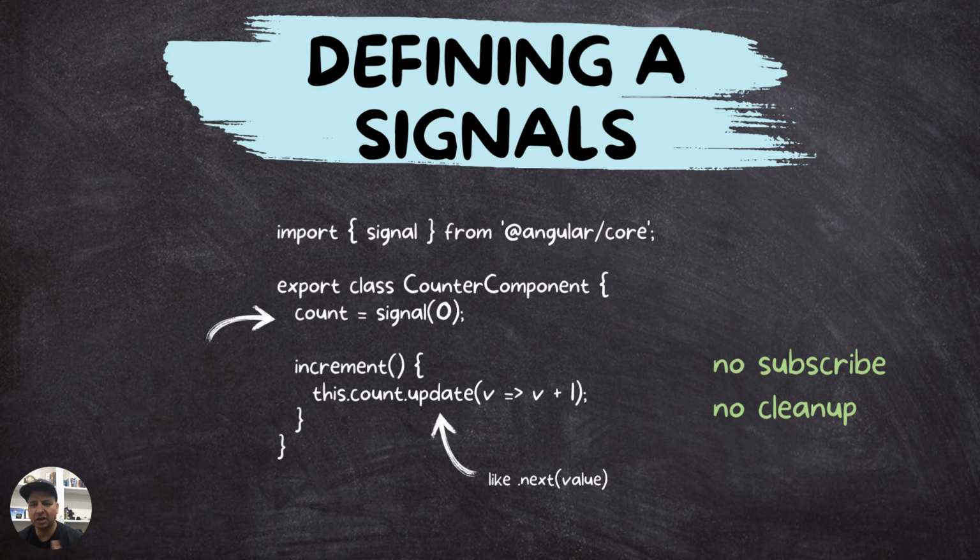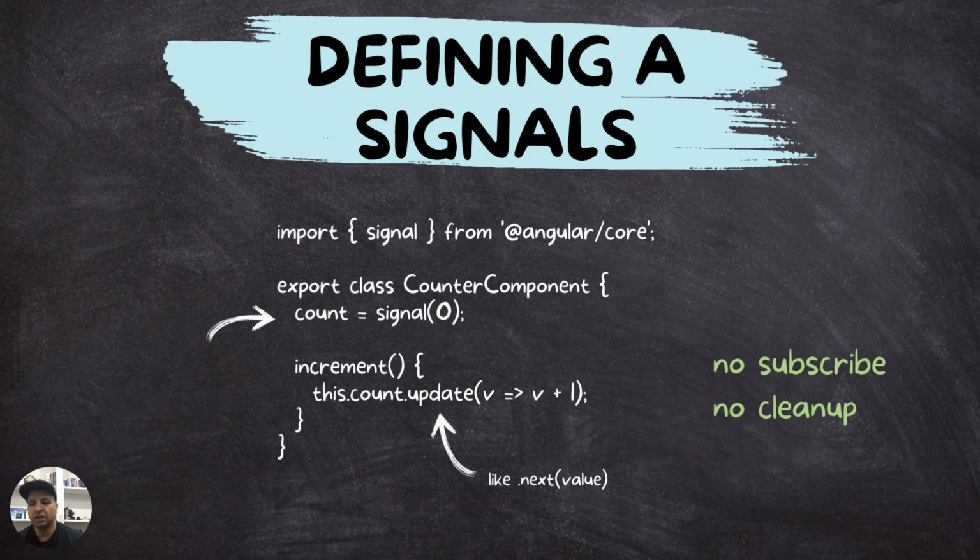You can think of counters, toggles, simple form states, any local UI state where you don't want to over-engineer it with RxJS, right? And also notice here, there is no subscribe, there's no cleanup.